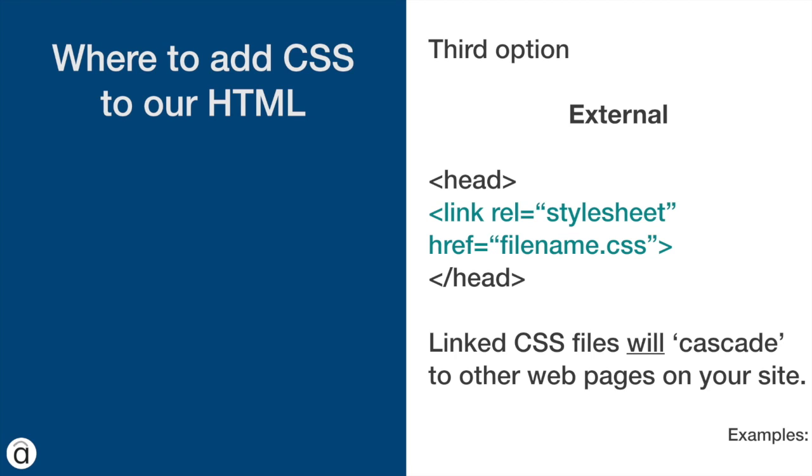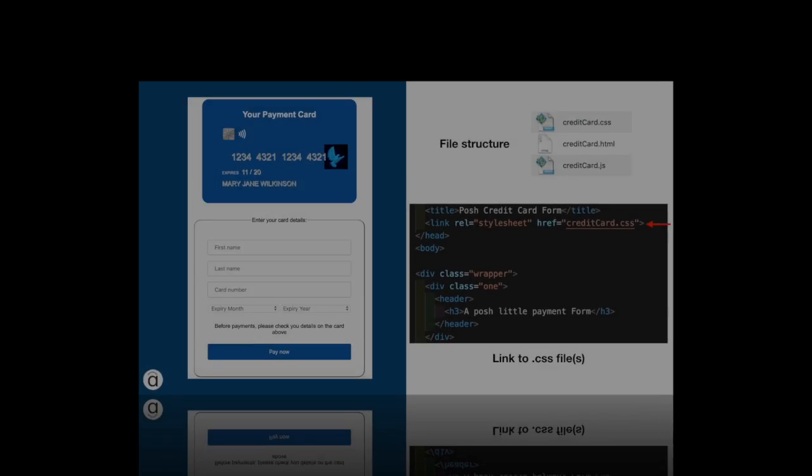At the top of each of our web pages, within the head section again, we need to add this link, and it's saying rel, stylesheet, and the link is a file name, whatever you want to call it, .css, and then the closing pointy bracket, if you like. If we do it this way, then the CSS file will cascade to all other web pages on your site. So let's have a look at a couple of examples.